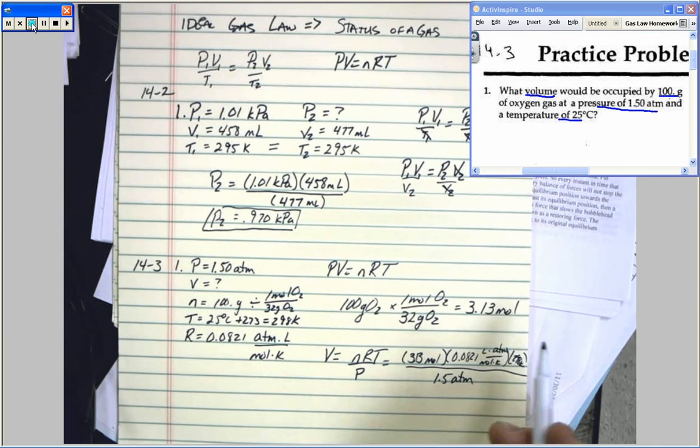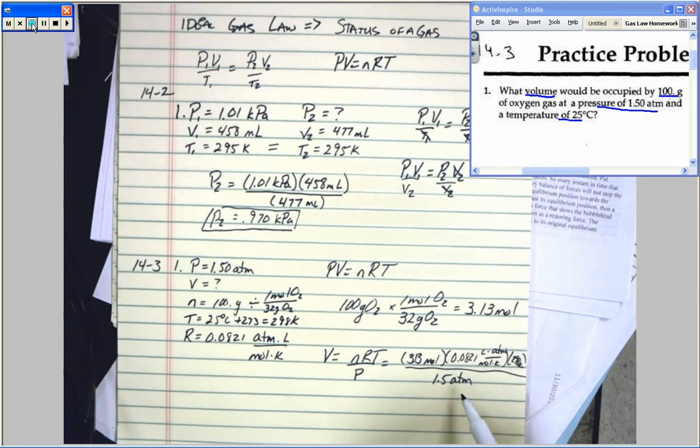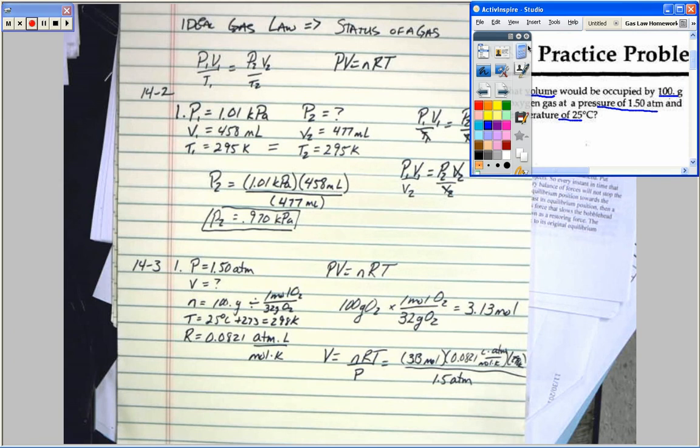Alright. So our volume here is all those things on the top divided by that on the bottom. Let's bust out our handy dandy calculator again.